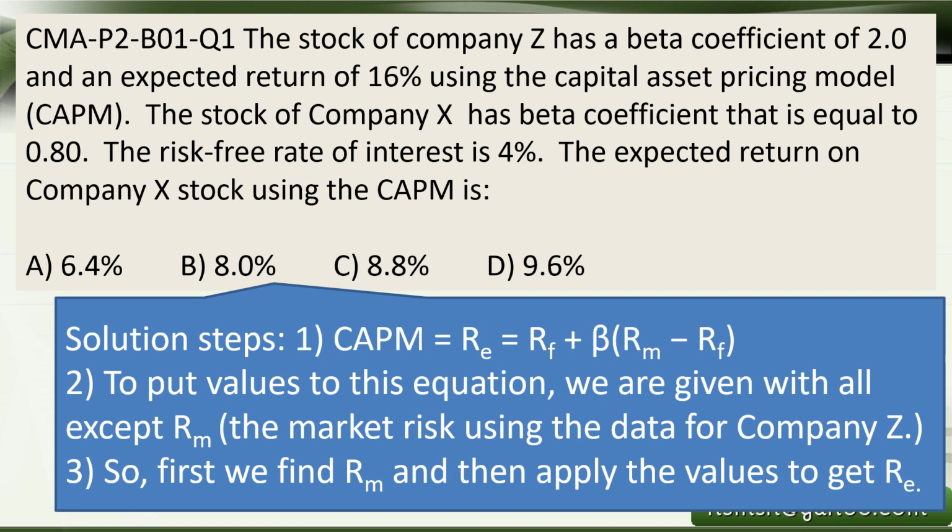That is the one we have to find out for the portfolio, where we have X and Z both, and the risk-free rate is already given, which is 4%.